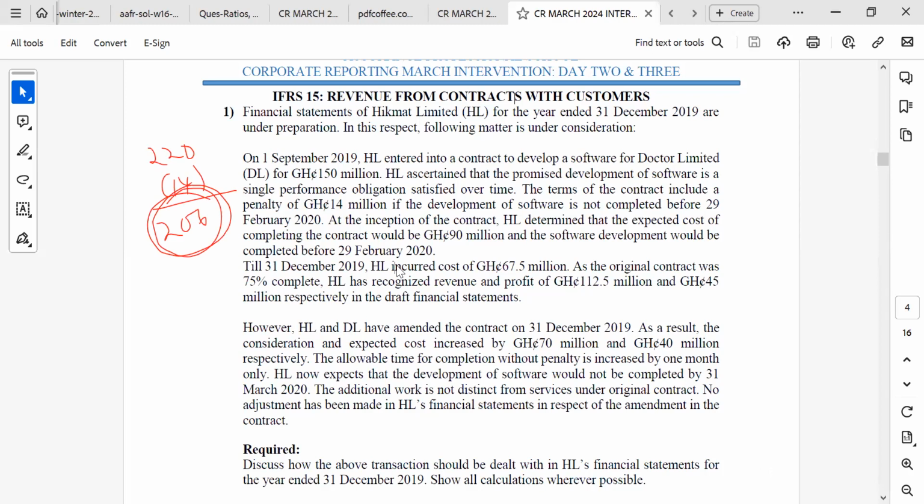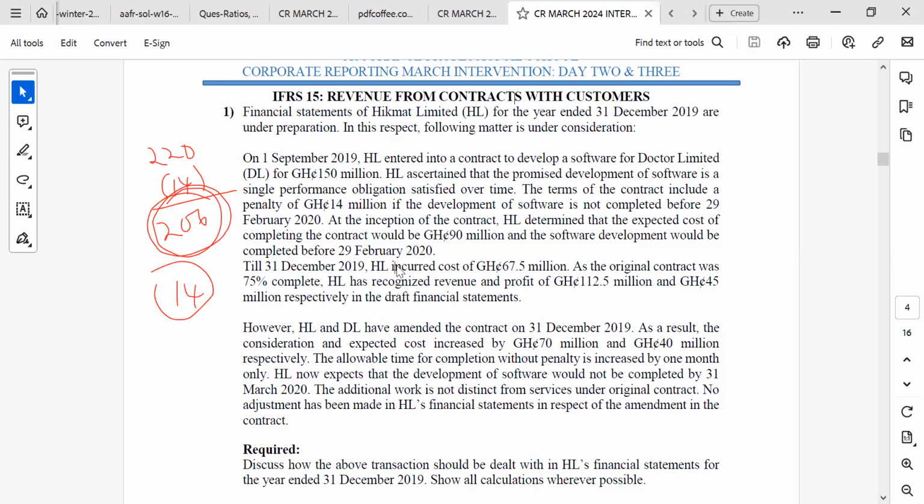Another way of going about this is that the penalty should be paid based on the percentage of completion. So the penalty will be paid based on the percentage of completion, because we can only estimate based on how much of the work is finished.